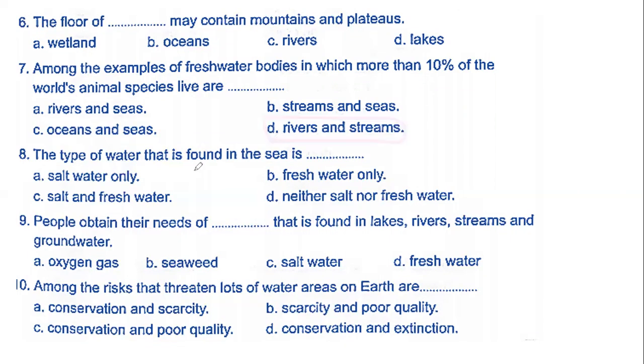The type of water that is found in the sea is, for sure, the sea and the ocean, salt water only. People obtain their needs of what that is found in lakes, rivers, streams, and groundwater? So oxygen gas, seaweed, salt water, or fresh water. So it is what? Fresh water in lakes, rivers, streams, and groundwater.